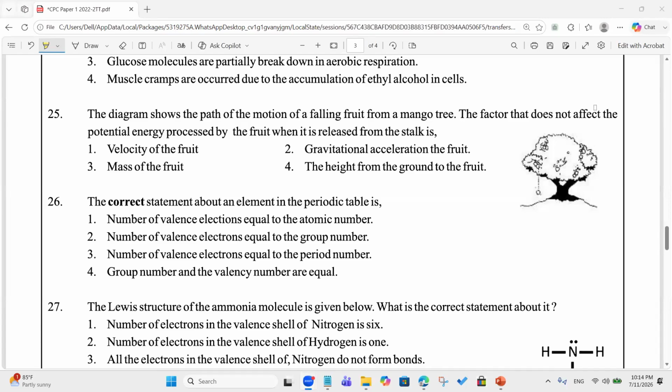The factor that does not affect the potential energy possessed by the fruit when it is released from the stalk. What should be the answer? Which is the factor that does not affect the potential energy? Yes, easy question. Velocity, right? Remember the equation of potential energy. How do you calculate it? mgh. Yeah, mgh, right? If it equals mgh, so all these are included here. Then the answer is this.